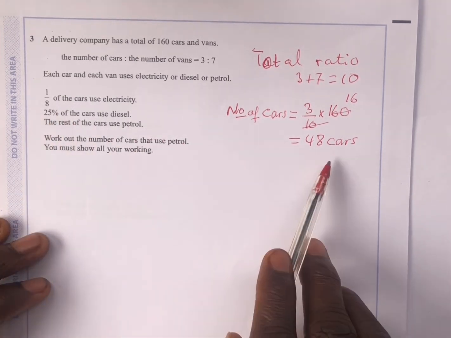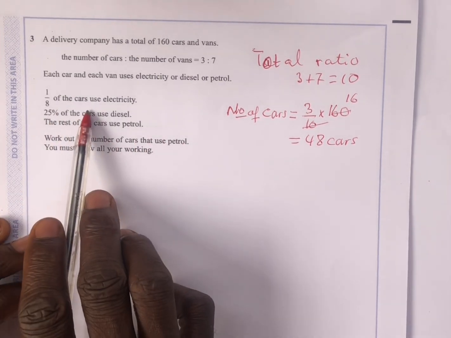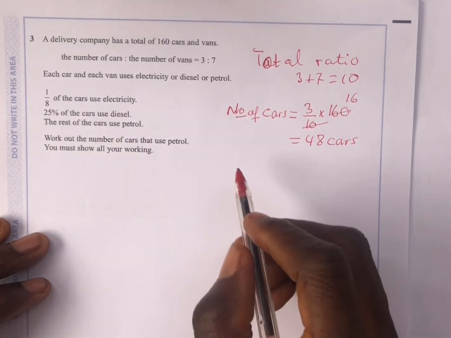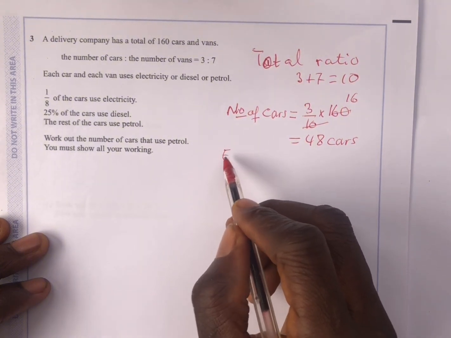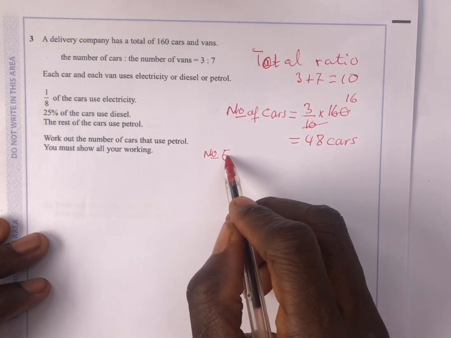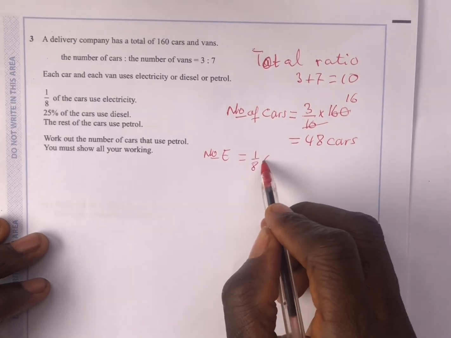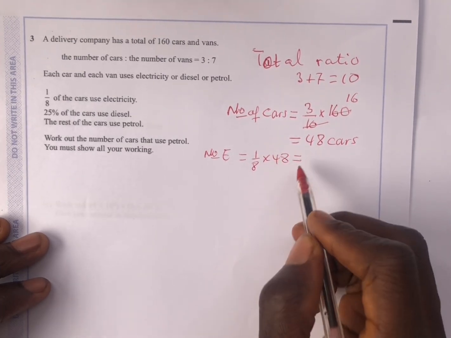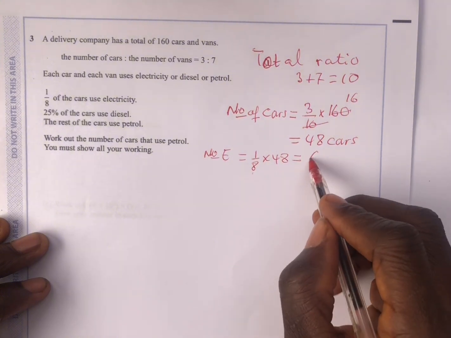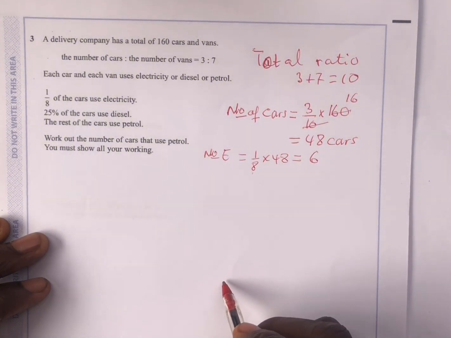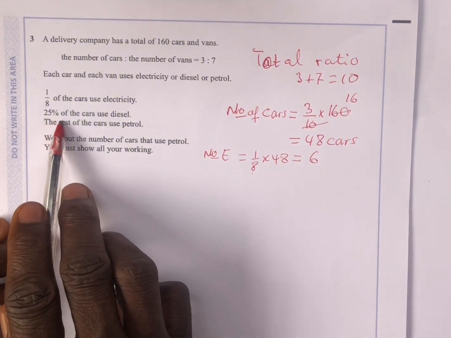Then 1/8 of these cars use electricity. So the number of cars that use electricity, I'm using E, is 1/8 times 48. 8 will divide 48 6 times. So 6 cars. Then 25%.